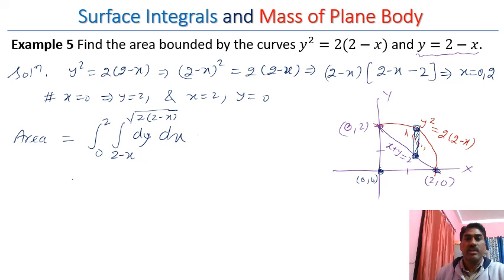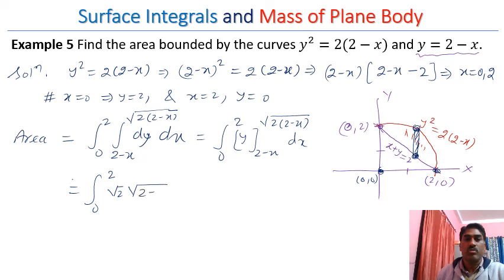We get the integral from 0 to 2 of the square root of 2 into the square root of 2 minus x, minus 2 minus x, dx.